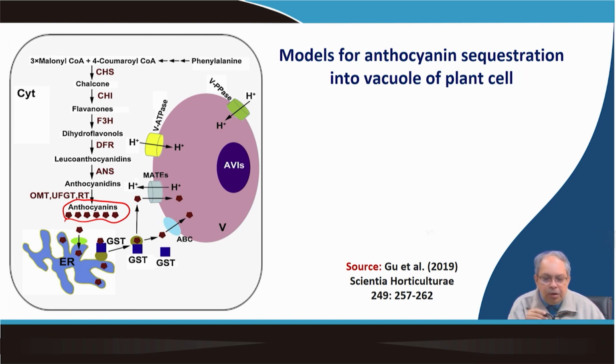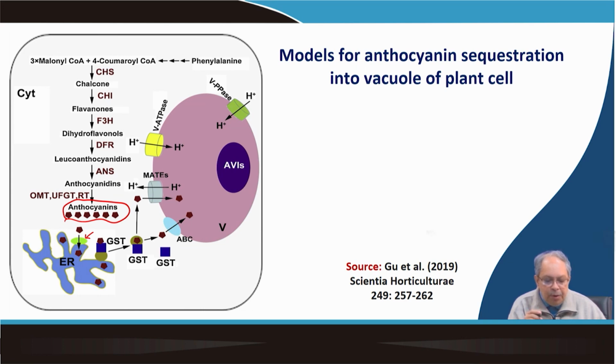There are two hypotheses. One is through vesicle-mediated transportation. So, this is the vesicle, in the next slide I will show that, or they are entering into the ER, and there their GST is attached to this glutathione S-transferase, which plays an important role in the transportation of anthocyanin into the vacuole through several transporters.